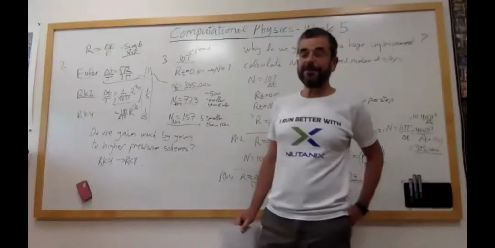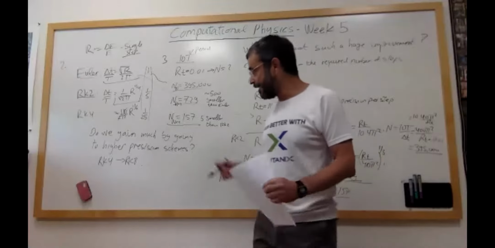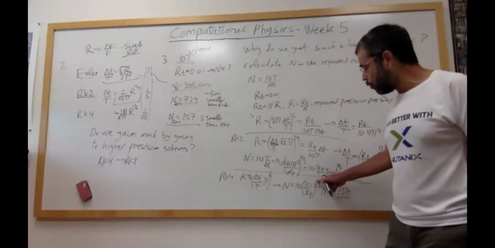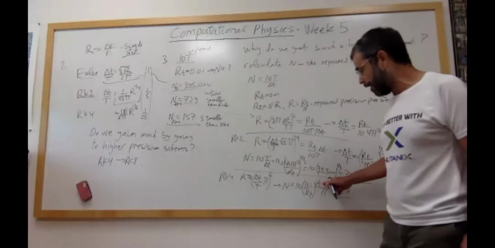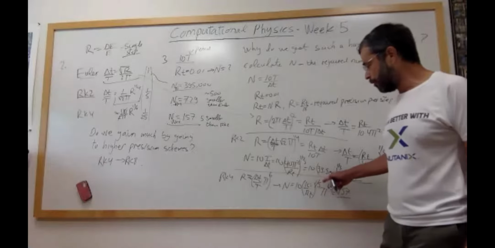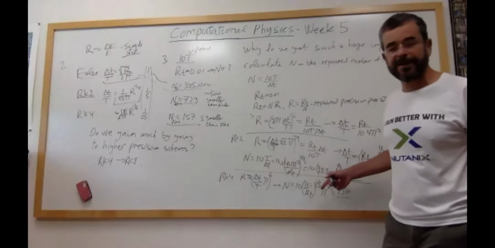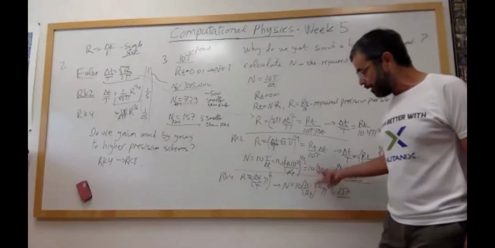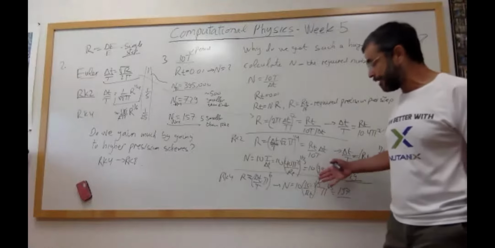Yeah, exactly. What would happen is that the gain would go from 1 over 5 to 1 over 7 or 8 or whatever. So this is not going to get larger by a significant factor.